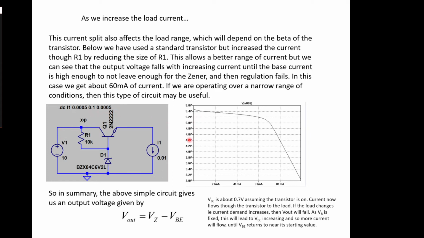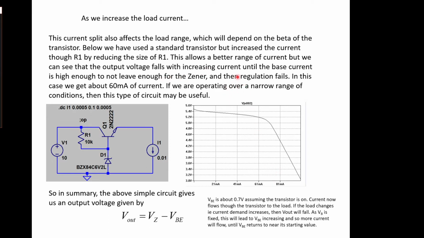That allows us to run a simulation to see what happens as we vary this current, and you can see that the output voltage maintains its 5.5-ish volts as the output current increases. It's starting to drop a bit, but it's not too bad until you get to a certain point where we're starting to limit the amount of current that we can provide through this system.